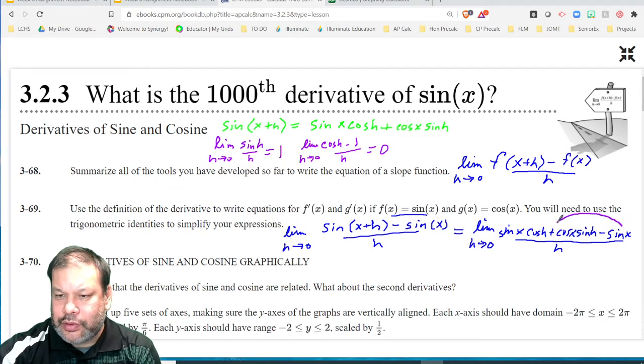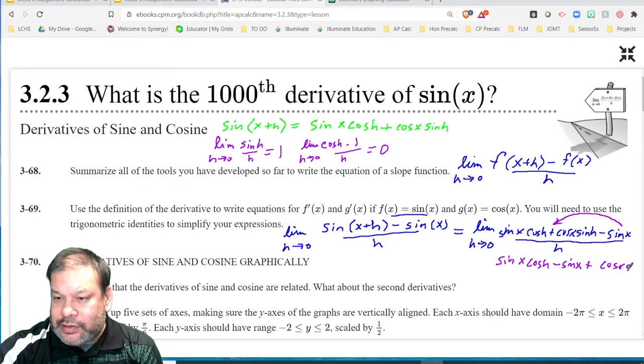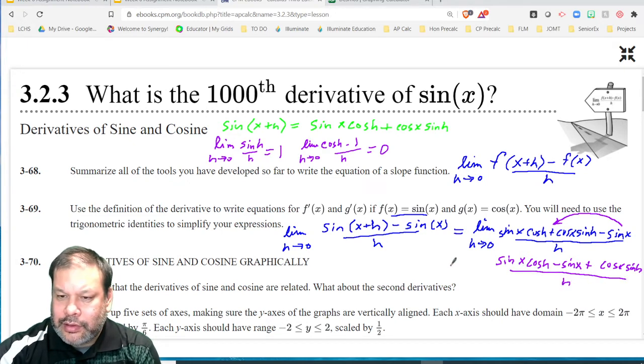So I'm going to switch the order here. I'm going to move it: sine of x cosine of h minus sine of x plus cosine of x sine of h all over h as a limit as h goes to 0.